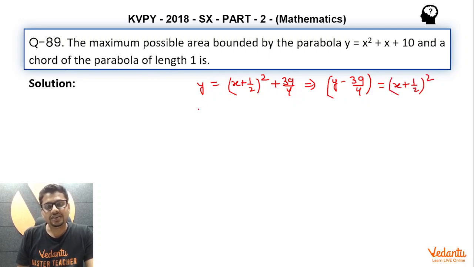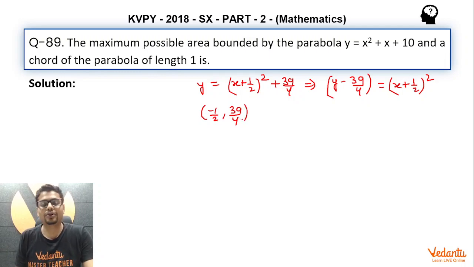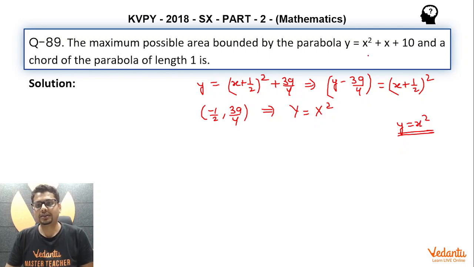So if I change my origin from 0 comma 0 to minus half comma 39 by 4, this expression would be y equal to x square. So effectively I may consider the y equal to x square parabola rather than taking this parabola. Why? Because shifting of origin would not affect things like length, area.